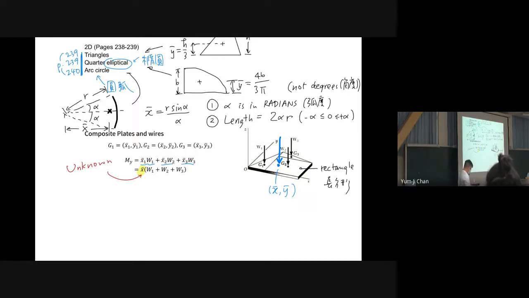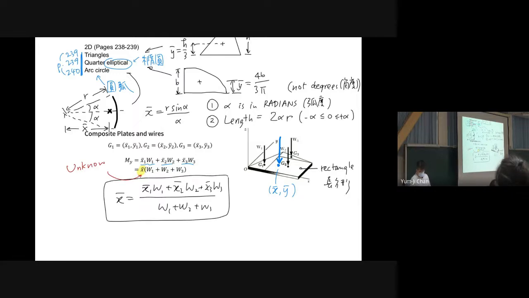But we know everything. We know all the terms here, and we know what W1 plus W2 plus W3 is. So we know both of these. So what can we do? We can write it like this: X bar is equal to X1 W1 plus X2 W2 plus X3 W3 divided by W1 plus W2 plus W3.